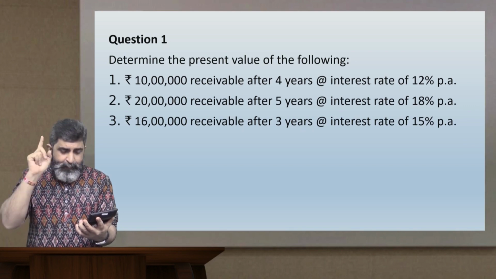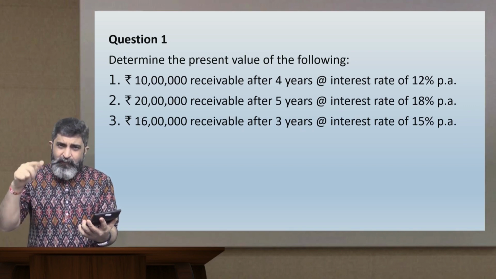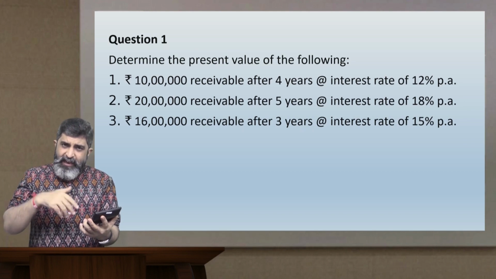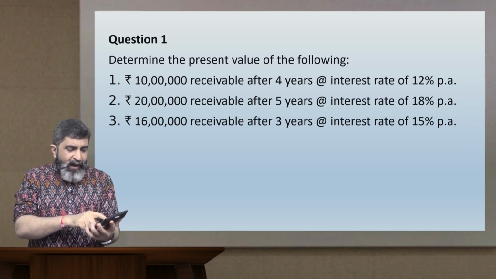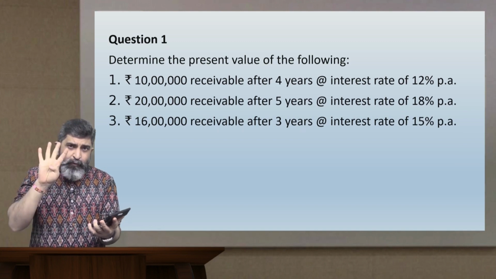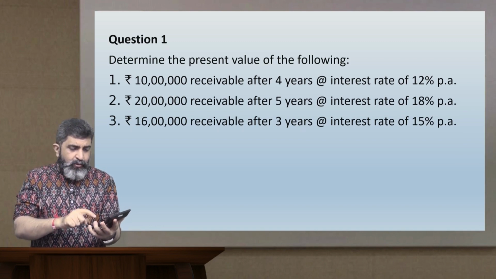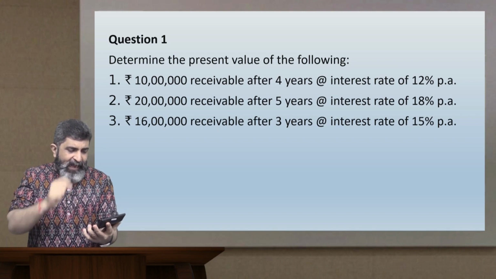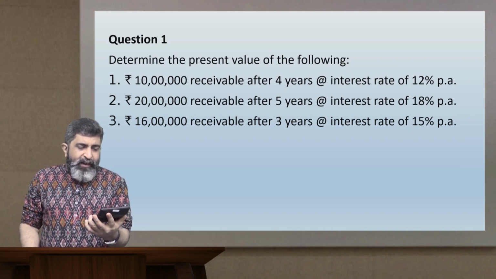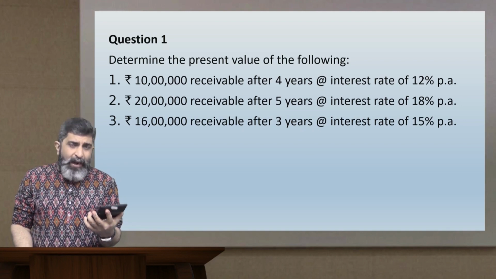What I get on my calculator screen is 0.635518. If you want, I can repeat this calculation for you. 1 divided by 1.12 and pressing equal to 4 times. 1, 2, 3, 4. What I get on my calculator screen is 0.635518.